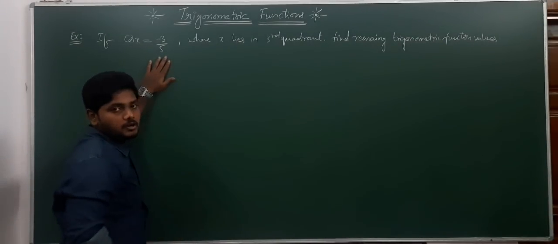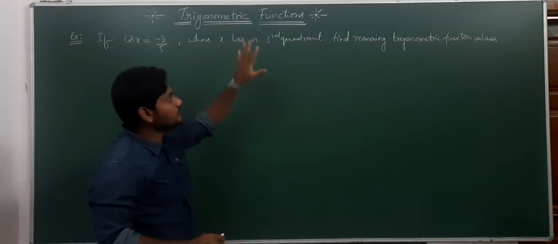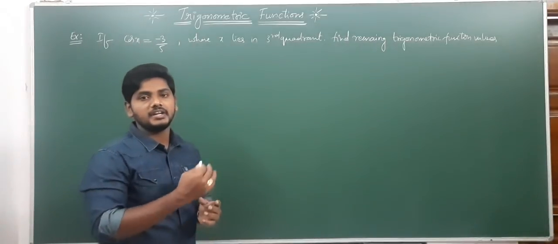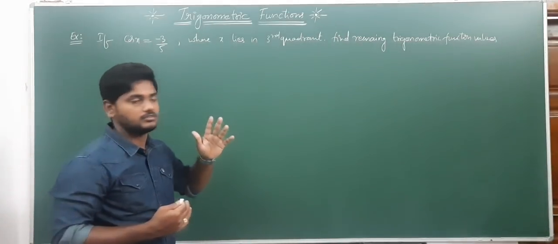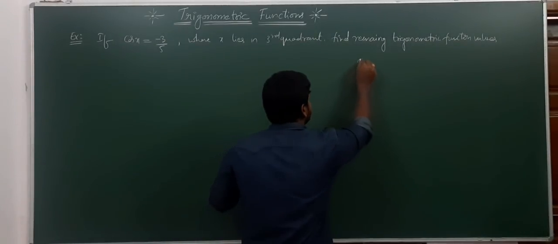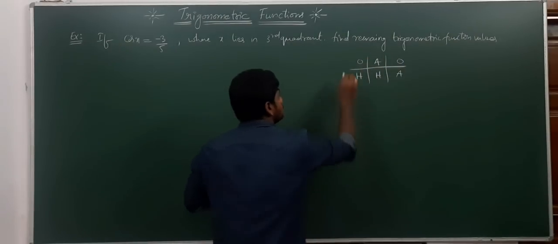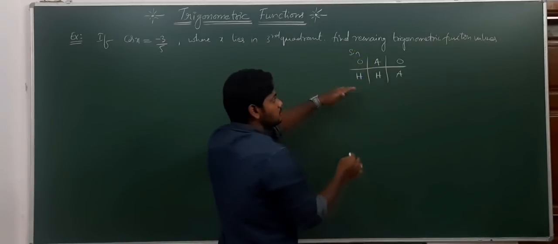How to find the remaining trigonometric values? Before introducing trigonometric functions, you already know the trigonometric ratios of sides, which we find using the angle. Nothing but OAO, HHA, right? Ratio of sides. Sine means opposite by hypotenuse.